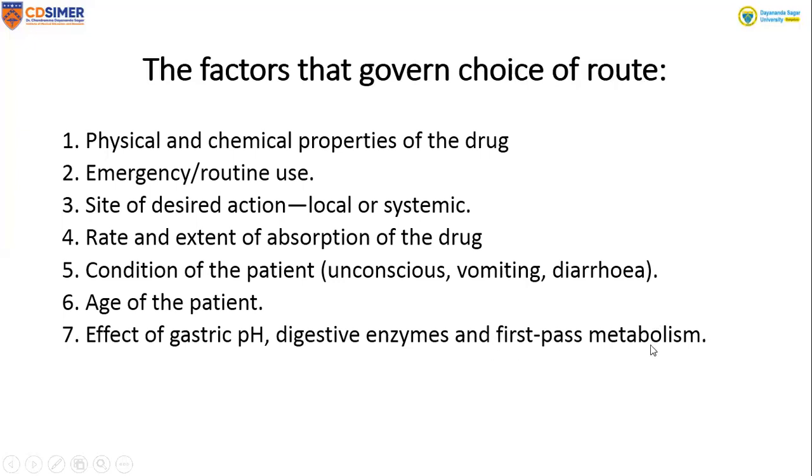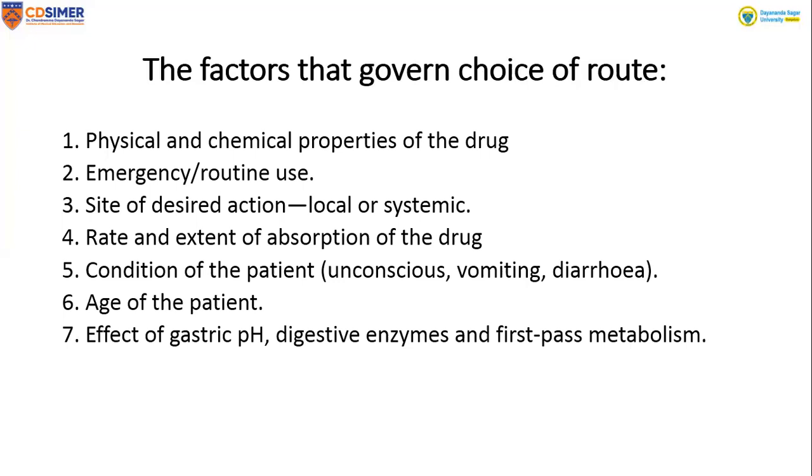First pass metabolism is something like this: once the drug is given and enters the stomach, it passes through the GIT, that is the duodenum and small intestine. There it gets absorbed and enters the portal vein.